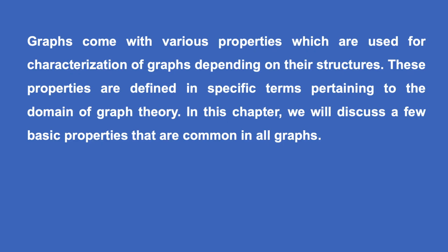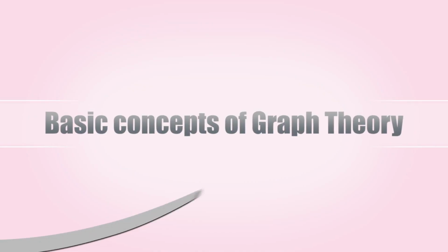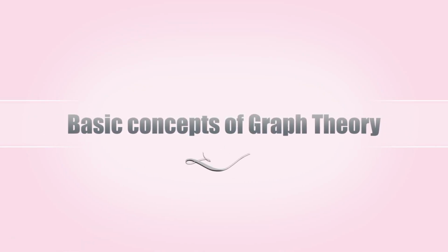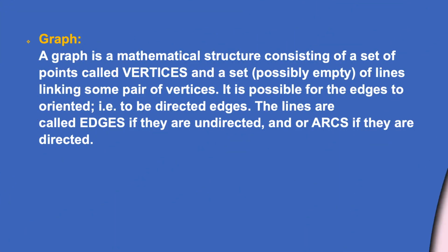Graphs come with various properties which are used for the characterization of graphs depending on their structures. These properties are defined in specific terms pertaining to the domain of graph theory. In this chapter, we will discuss a few basic properties that are common in all graphs. Once again, let us recall the basic concepts of graph theory.